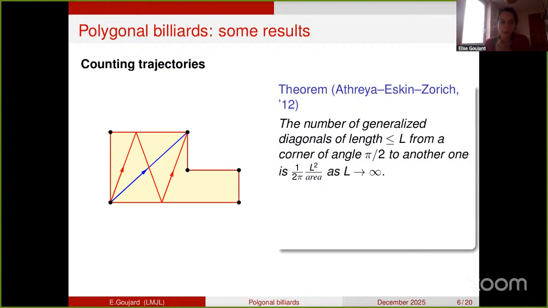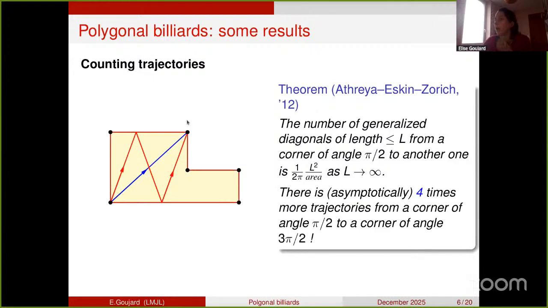But this is not very surprising. This is the same rate that you get in the rectangular table, for instance. So what is nice is that the constant is explicit. But the part that I find really nice is that if now you look at trajectories going from this corner to this corner of angle 3 pi over 2, now you get not 3 times more, but 4 times more trajectories asymptotically.